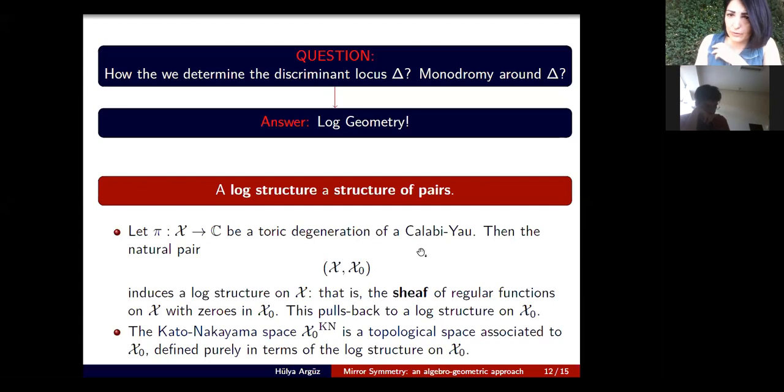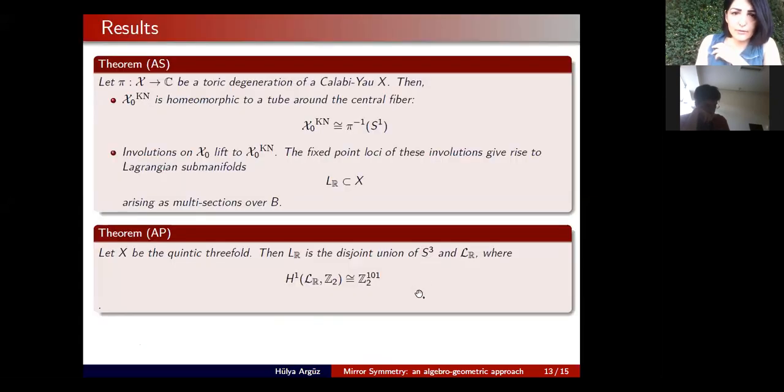Its description is slightly technical, so I will not write it, but I will state what we have shown. If you have a toric degeneration of a Calabi-Yau, then if you look at the central fiber together with this log structure that you can understand from this degeneration, then this is homeomorphic to a tube. So there's a homeomorphism between the Kato-Nakayama space we construct and pi inverse of a small circle around the base.